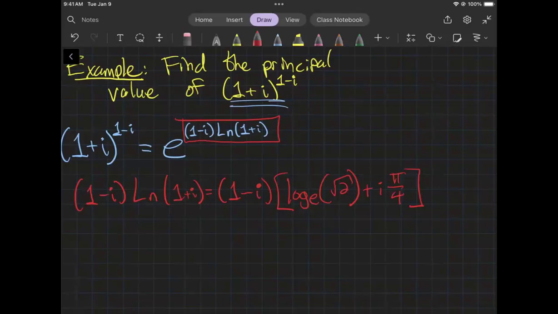So this equals 1 minus i times (1/2 log base e of 2 plus pi over 4 times i).